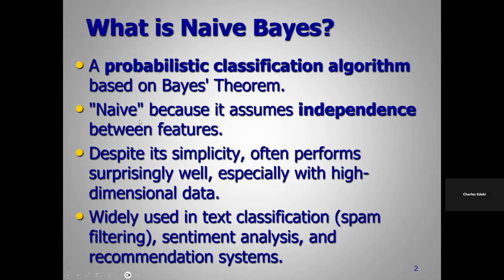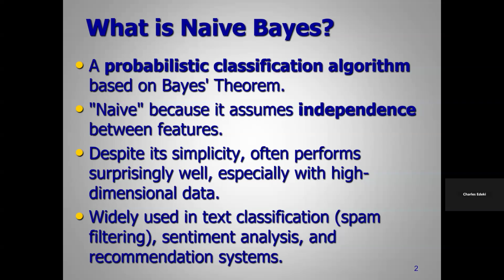So in naive, because it assumes independency between the features, in this case the attributes, this means that in a general probabilistic method, the algorithm doesn't only assign labels, but also calculates the probability of an instance belonging to each class, and then selects the class with the highest probability. So that's the whole concept of naive.